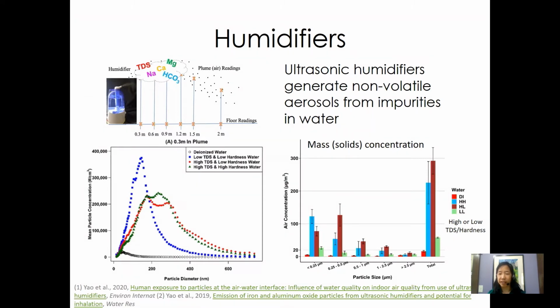This was measured using a cascade impactor. And so really anything where you have high total dissolved solids, you do get quite a bit of mass of particulate matter in the air. And these are the chemical compositions here. We're talking about minerals, so magnesium, sodium, bicarbonate, calcium, those types of compounds.